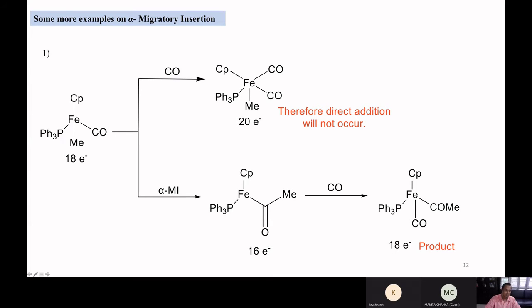Now let's say you have an iron complex. As you see over here, this is an iron complex. You have iron, triphenylphosphine ligand, methyl ligand, CO ligand, and cyclopentadienyl ligand. It's a Cp, right?